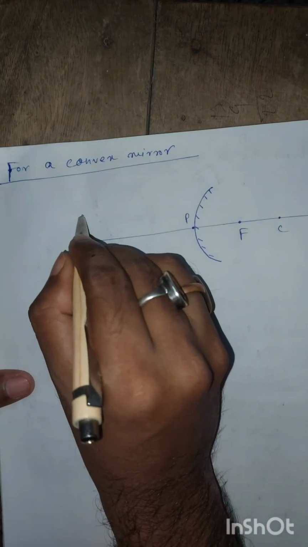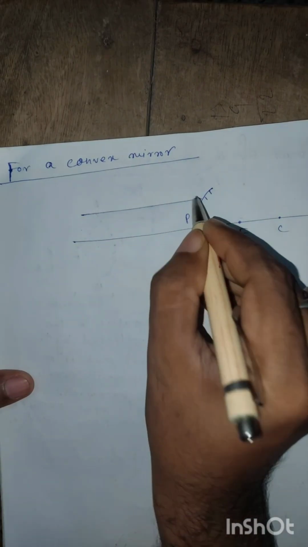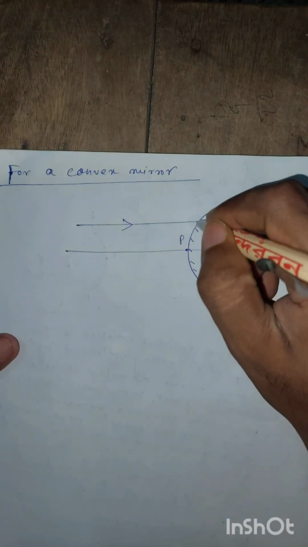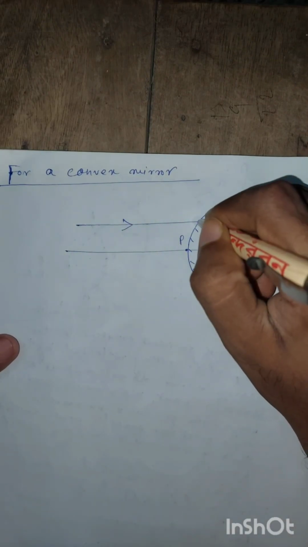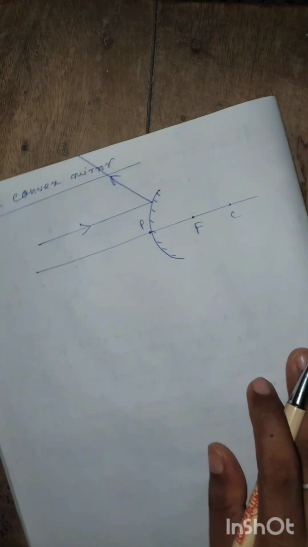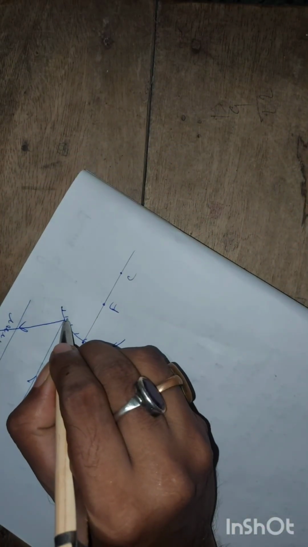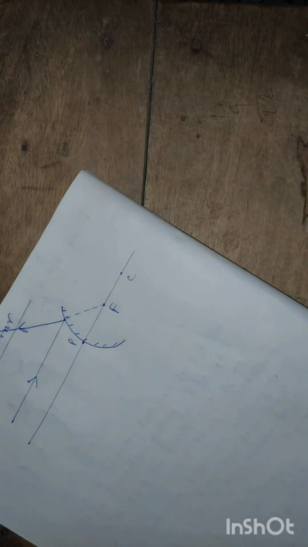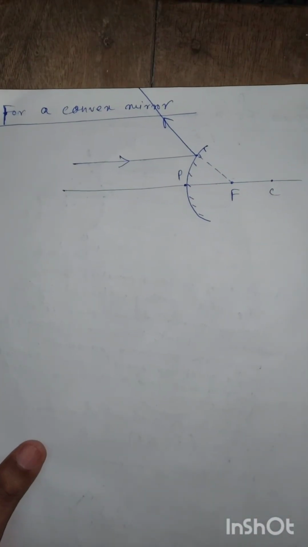So this is our light ray parallel to the principal axis. After getting reflected, it is going like this. If we drag it backwards, it is intersecting at a point on the principal axis.